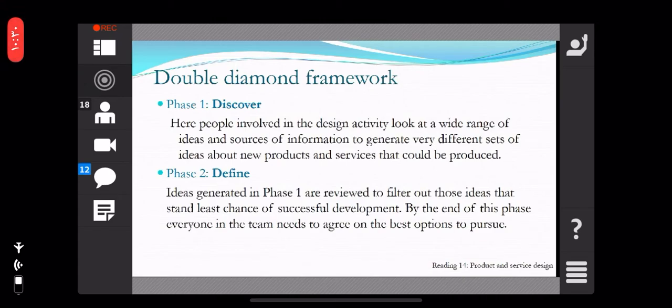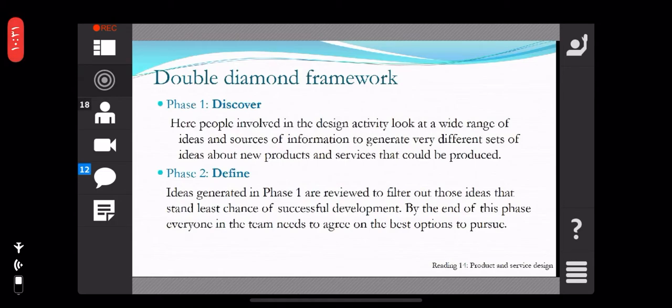Meaning that in the first phase, in discovery, you collect a lot of information from different sources, source A, B, C, D, E. You are putting all the information on your table. Now, you will choose what suits you, the best options for you to select. Be selective.